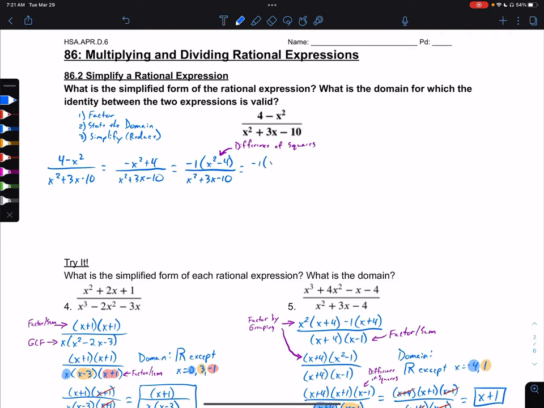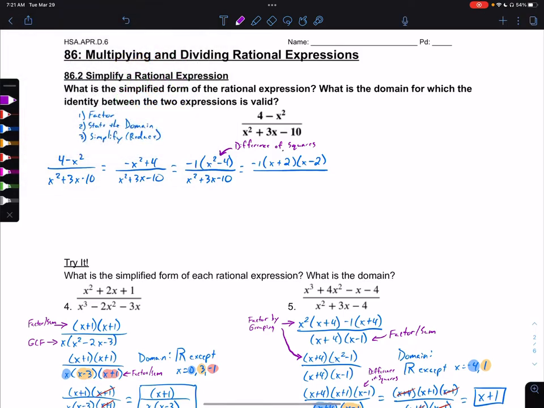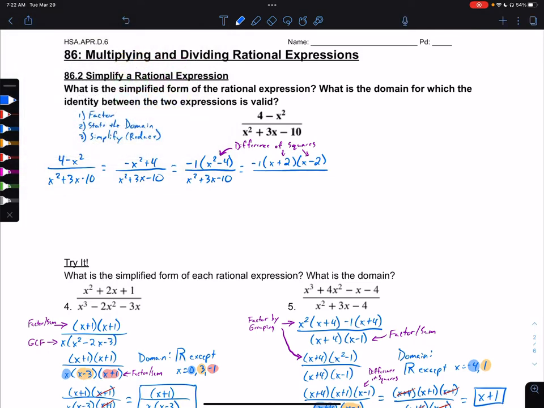The square root of x squared is x, and the square root of 4 is 2. One of these groups is going to be addition, one of them is going to be subtraction. Remember, this is the difference of squares, and it gives us these 2 expressions. Make sure you're familiar with that. It's going to save you a significant amount of time.